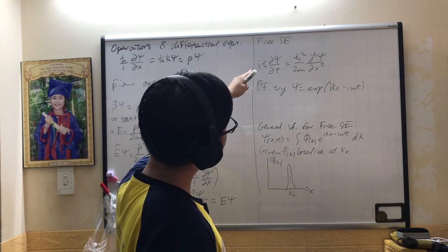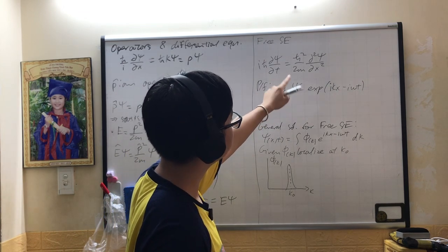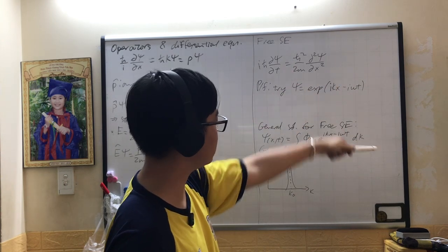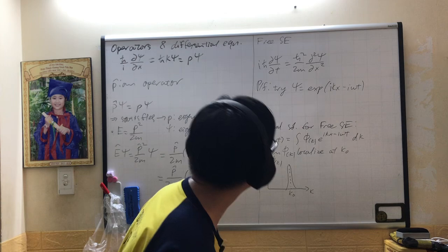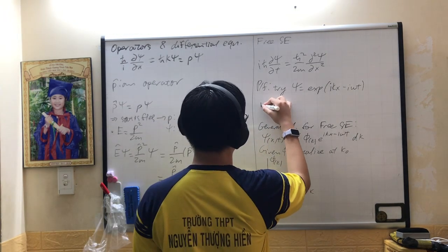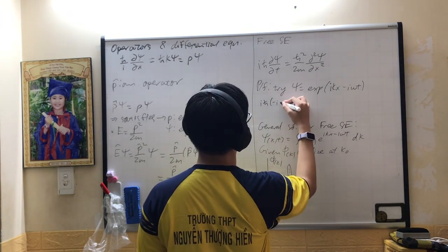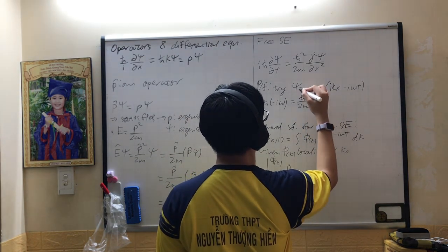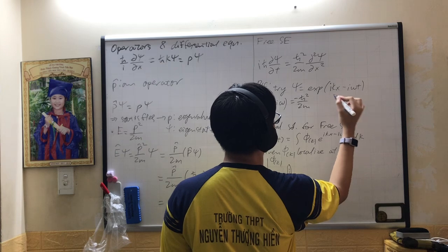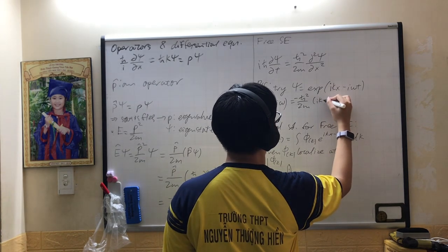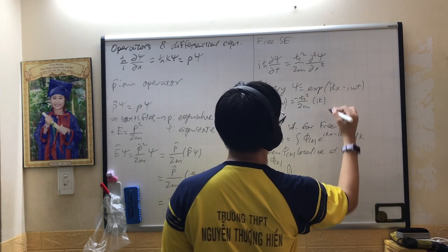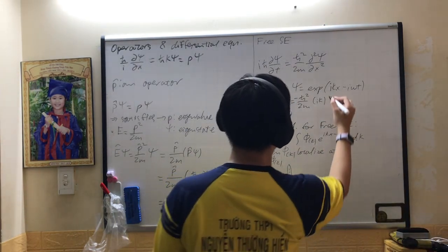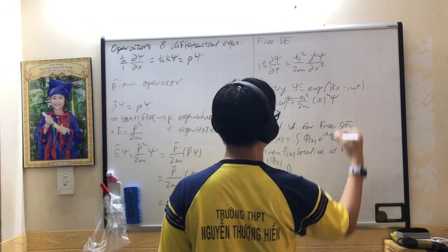And for proof, let's try psi equal to the exponent of ikx minus i omega t. You put this in, you would get something like i h bar times minus i omega, equals h bar squared over 2m times minus ik. Is it ik squared? Yeah, it is ik squared, and we've got a psi here as well.